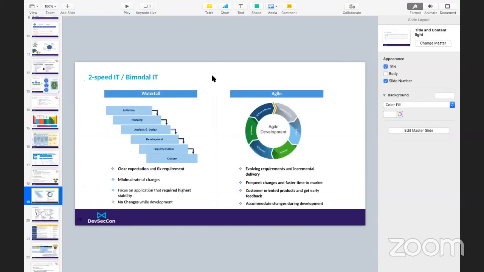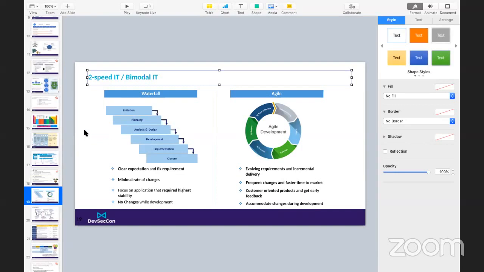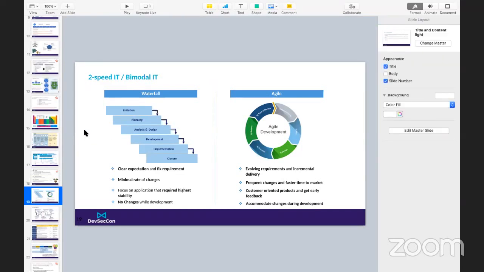And this is how we do some lean. To achieve our lean, we need to speed IT. So we use the traditional way and also the agile way.